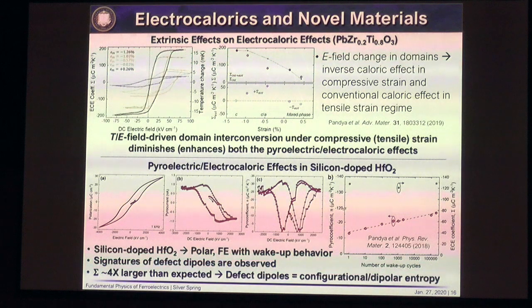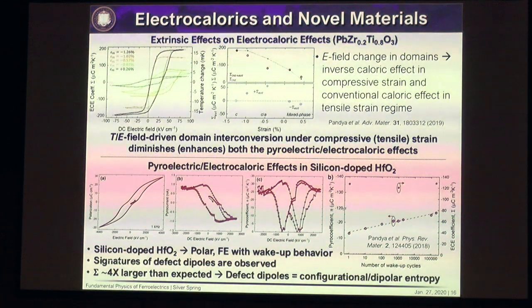One thing that was interesting here is that if you do this as a function of wake-up cycle, this is the pyro coefficient, that's the red data, we see this wakes up and comes eventually to kind of a level value. But if you measure the electrocaloric coefficient, it is consistently high across all of the measurement cycles that we do, suggesting that there might be different contributions to what's going on.